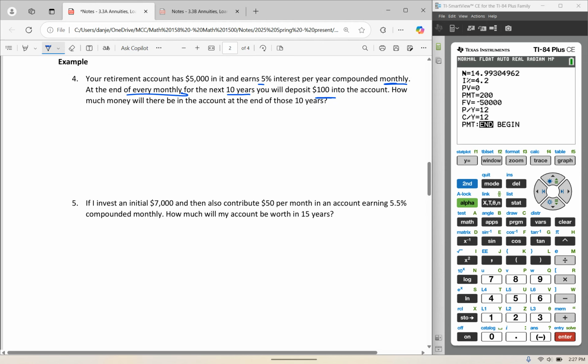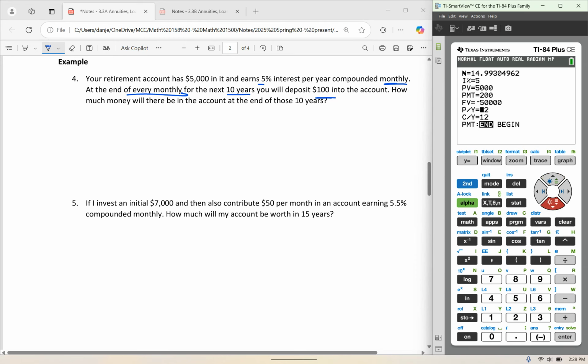My retirement account has a present value of $5,000. With the TVM solver, that's the only adjustment I need to make in order to consider an annuity with a current present value greater than 0. My account is earning 5% interest compounded monthly, so my CY needs to be 12 right there, which it is. Okay. At the end, so end payments at the end of every month for the next 10 years, I'm going to be making monthly payments.